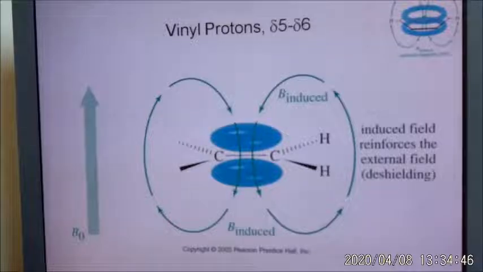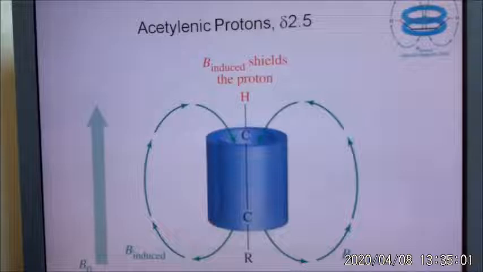For vinyl protons, same thing. Because of the motion of your electrons in here, that too deshields your protons. That's why we saw this between 5 and 6 parts per million, my chemical shift. What's different here is when we look at my triple bond, the acetylenic protons.